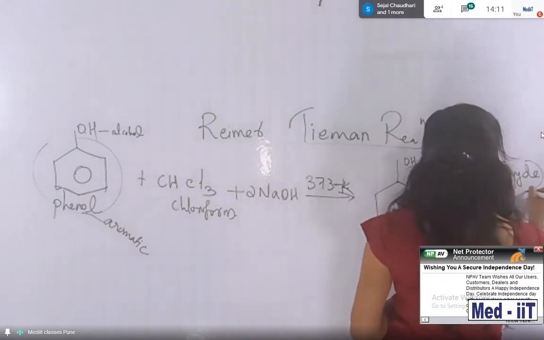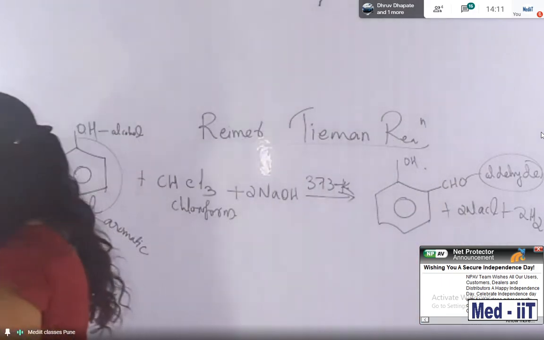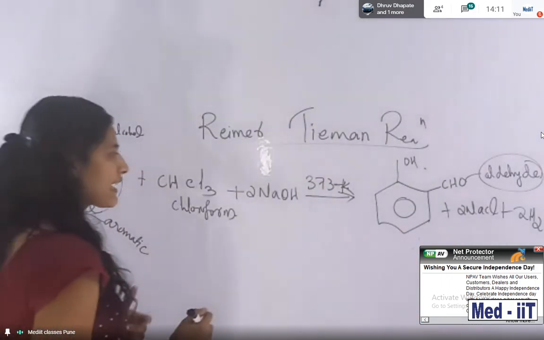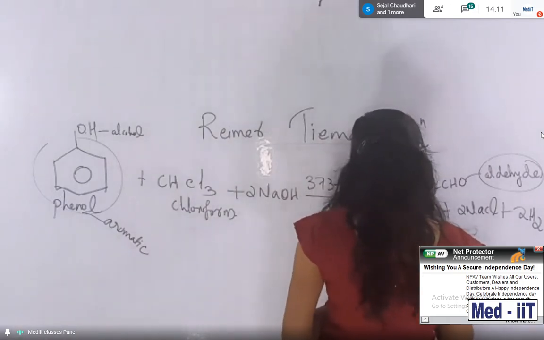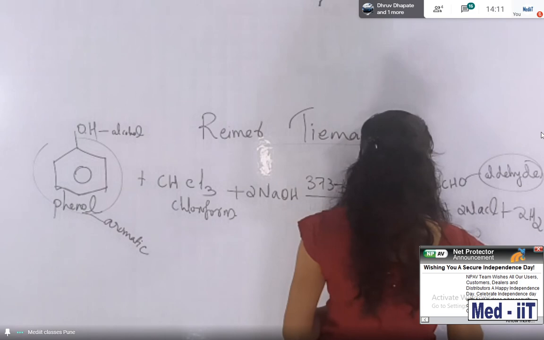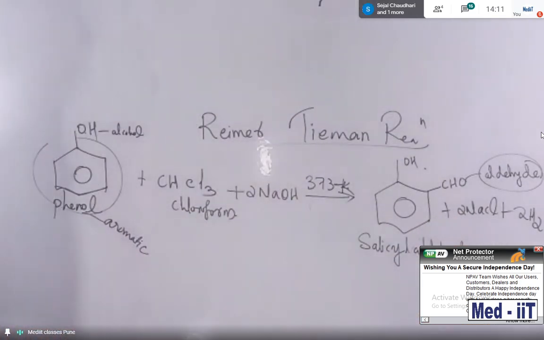Aldehyde is your functional group, along with the alcohol. So actually this is called what? Salicylaldehyde. Okay, salicylaldehyde, 2-hydroxy benzaldehyde.